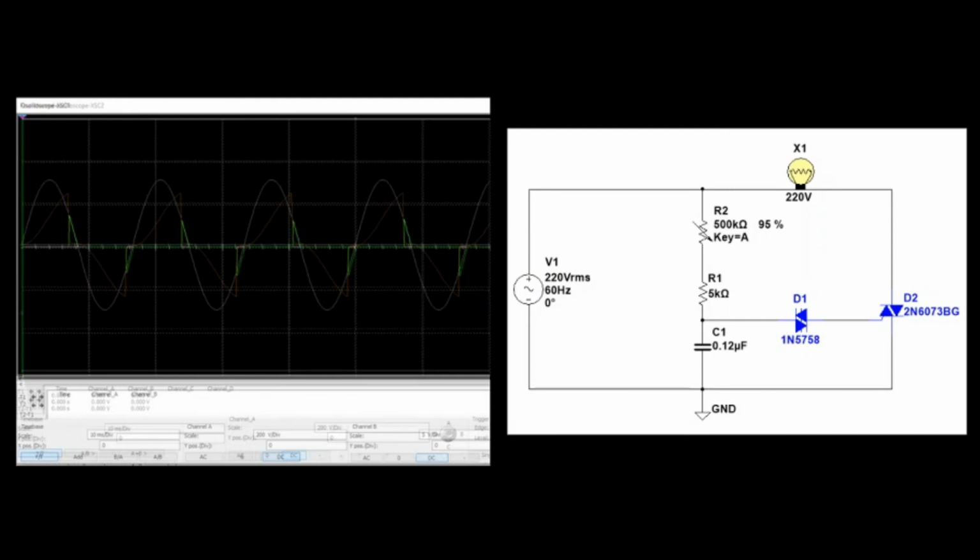Now this light dimming circuit is one application, but we can also use it for temperature control. Here the brightness of our light went down. For other applications, it can also be temperature control.